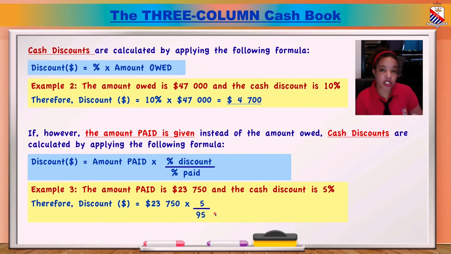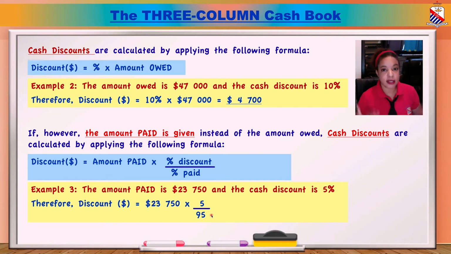But if they happen to throw in a question where they didn't give you the amount owed, but they gave you the amount paid, all you have to remember is that it is a fraction, and it will be the 5 over the amount that was paid, which I hope you've realized is basically the discount, and the denominator would be 100 minus your discount, which would be 95.